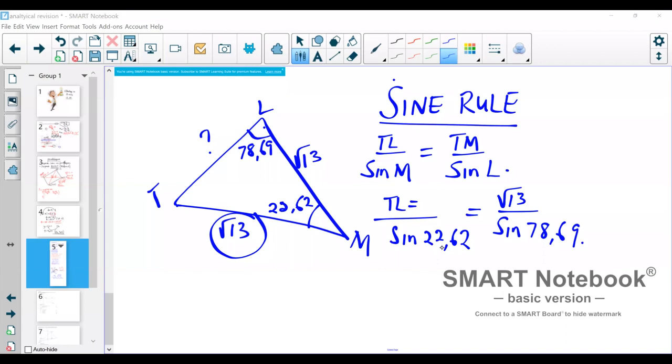Sine 22.62 divided by sine 78.69. Close the bracket. 1.41. So TL is 1.41. And since I have 1.41, then I'm good to go.